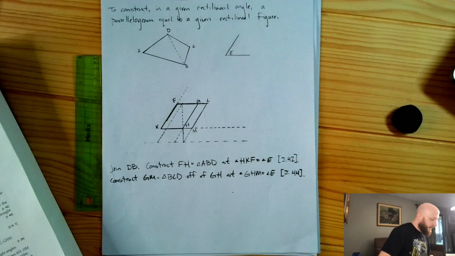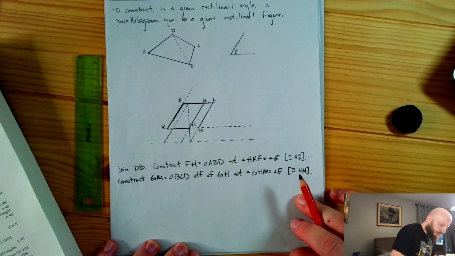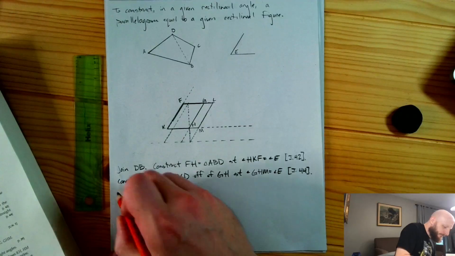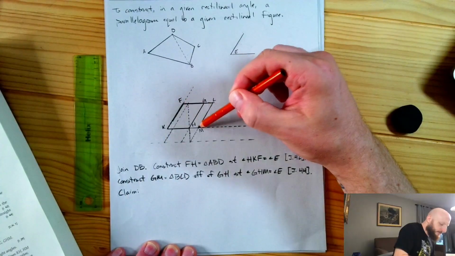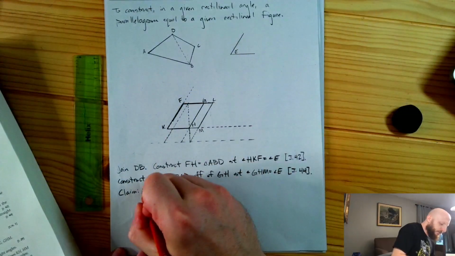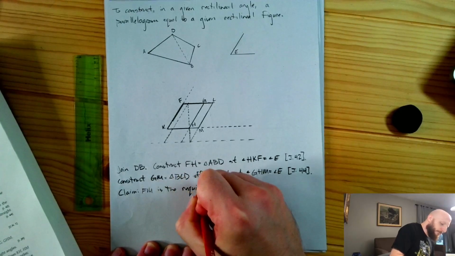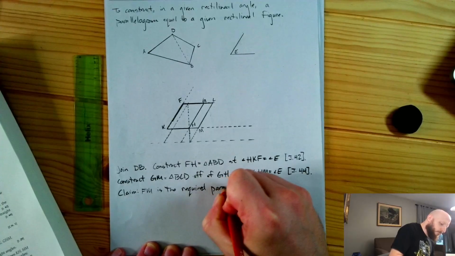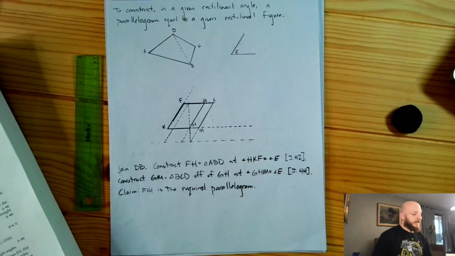Okay. So then the claim, right, yeah. Next the claim is that FM is the required parallelogram. So what do we need to prove then? Well, a couple of things. The main thing that we need to prove is really just that FM is a parallelogram at all.